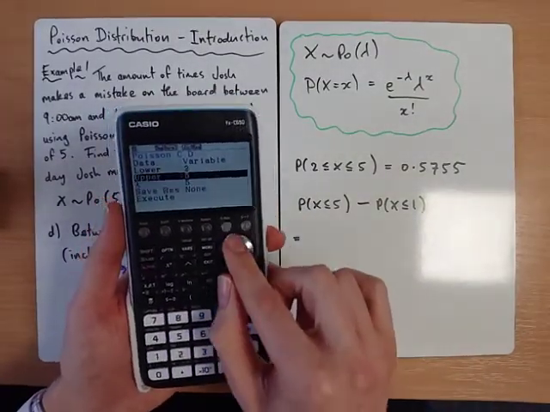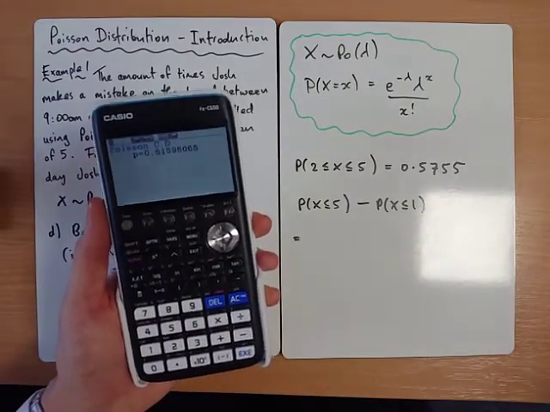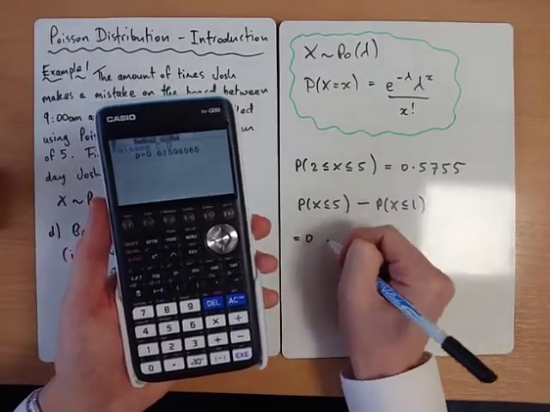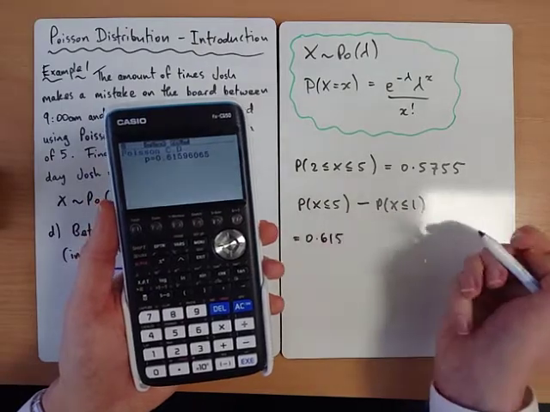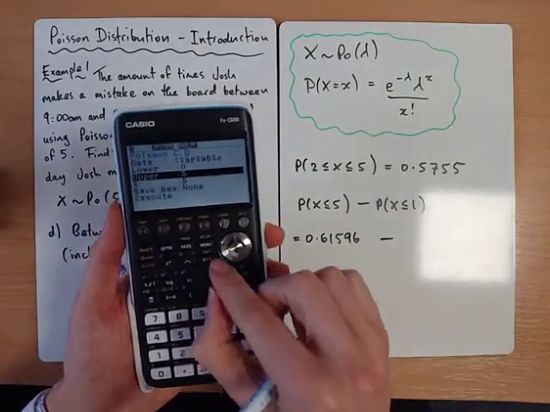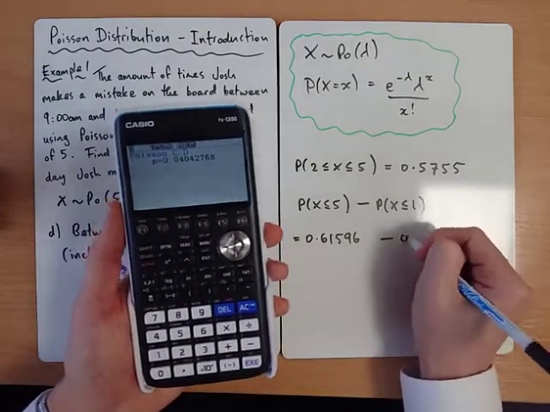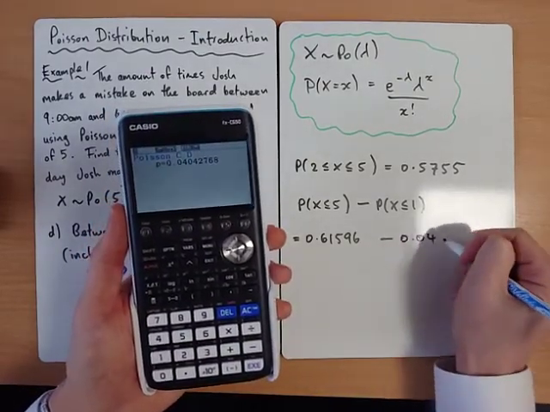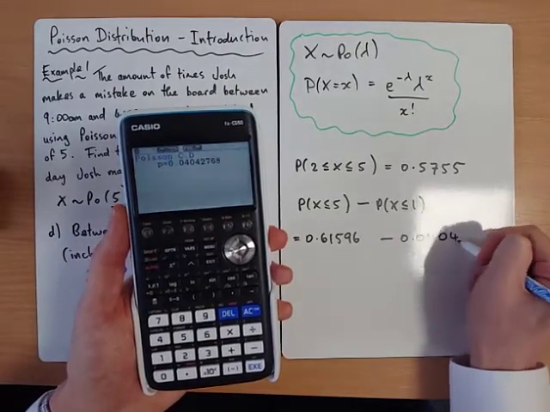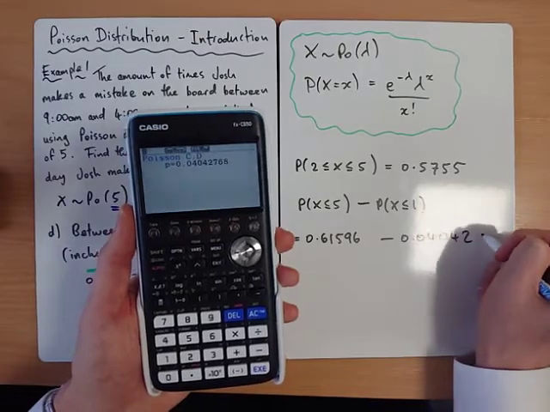So if we want less than or equal to 5, we'd go between 0 and 5, which would give me 0.61596. Less than or equal to 1, we go from 0 to 1. That'd be 0.040428.